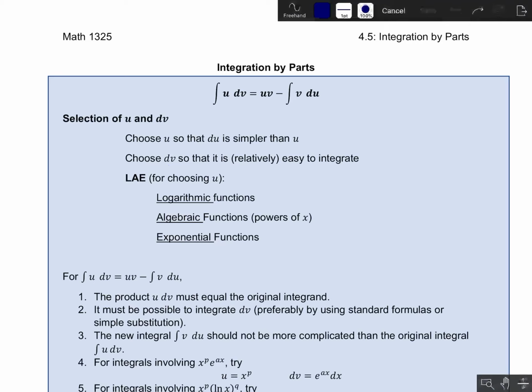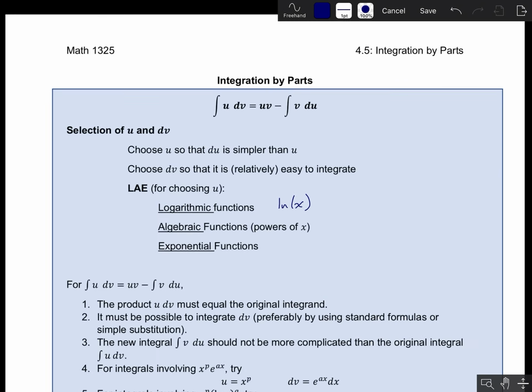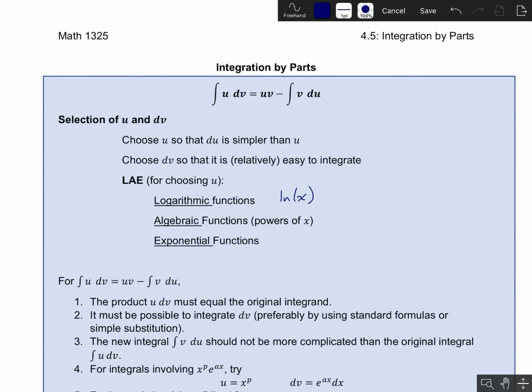And a general rule of thumb that we have for choosing u is you want u to be something whose derivative is nicer. So if I have a logarithmic function, then whenever I take a derivative, it will become significantly nicer. So this, whenever I take a derivative, is going to become 1 over x, which is just a power of x.